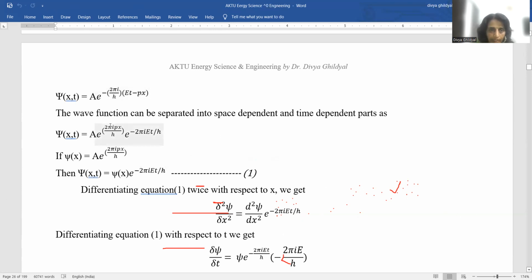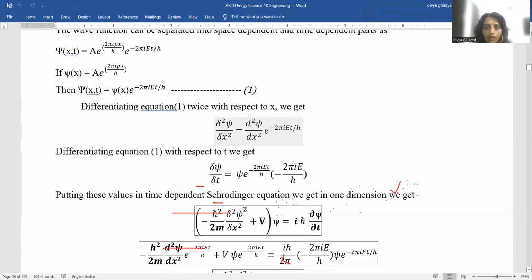This first expression I am writing as A e to the power of 2 pi i px by h, and the second is in the time independent form. What I will do is I will differentiate this with respect to x twice, and I get del 2 phi by del x2 is equal to d2 phi by dx2 e to the power of minus 2 pi i E t by h.